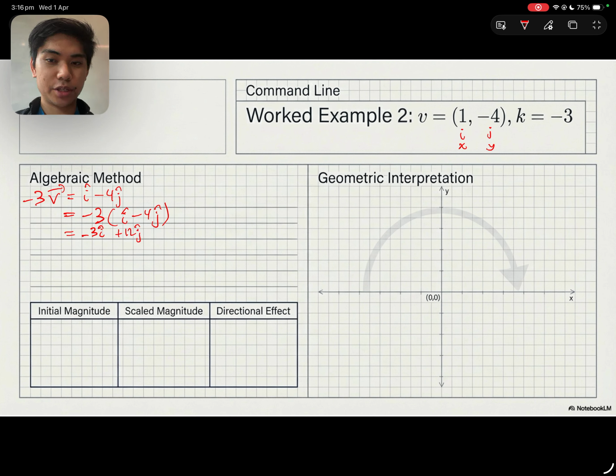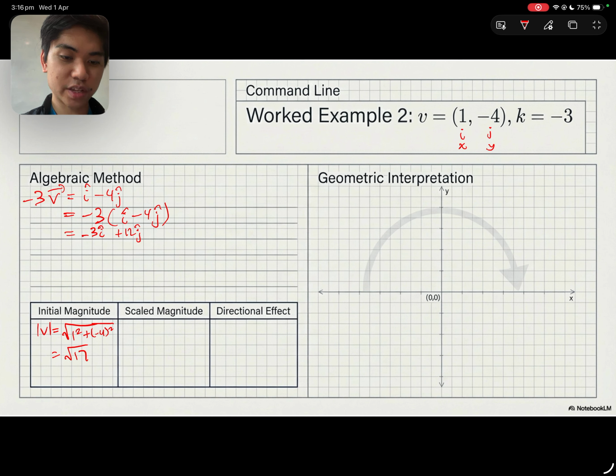Okay, so our initial magnitude is going to be the square root of 1 squared plus -4 squared, right, which just gives us the square root of 17.